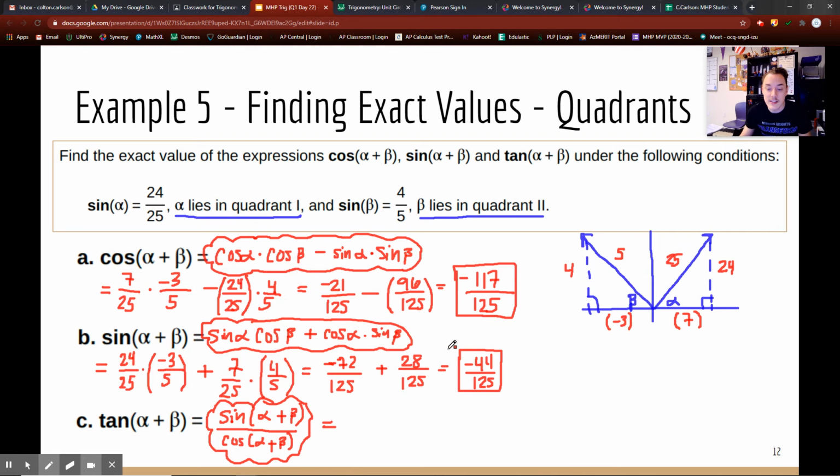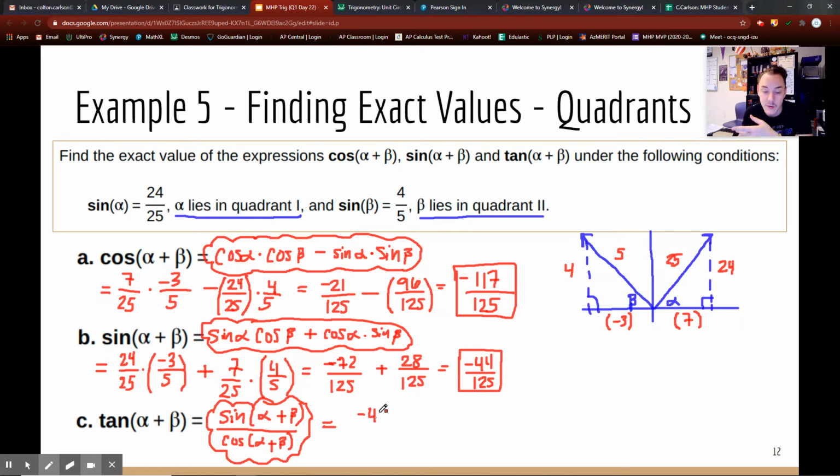You ready? What is sine? Now, don't get this mixed up. I know on MyMathLab, you will be so tempted to look at your first one that you put on there, cosine, negative 17 over 25, and then all over negative 44 over 125. Don't do that. That's cotangent. Okay? What you want to do is do sine.